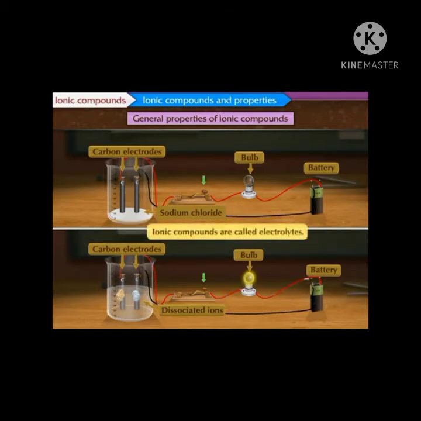When electricity is passed through the solution, the ions move towards the oppositely charged electrode and there is a flow of electricity. Due to this property of conducting electricity in fused and dissolved states, ionic compounds are called electrolytes.